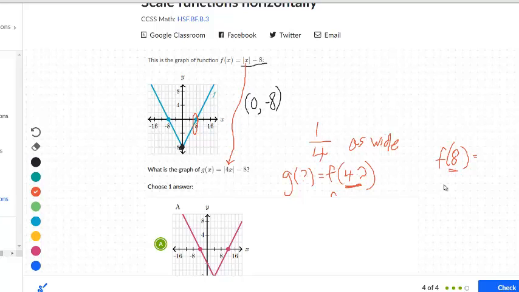That 8 has to be four times something. So normally we'd be looking at this thing and it would be 4 times 2 is what equals 8. So my new point is going to be at 2. All right. That question mark has to be a 2.